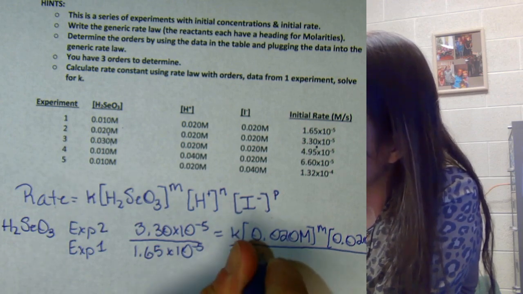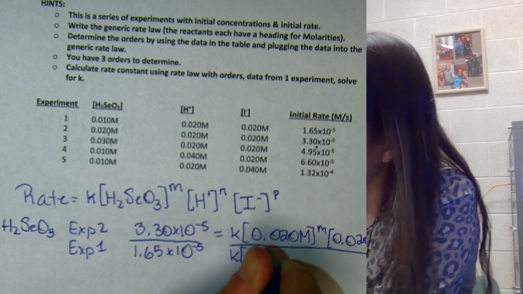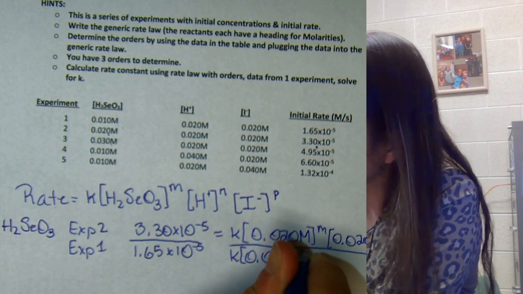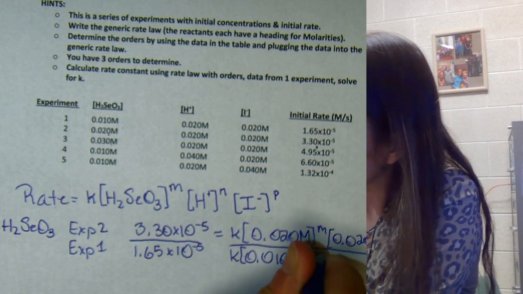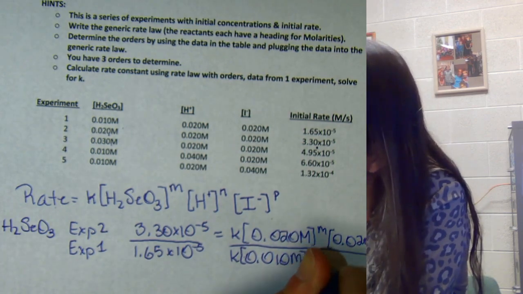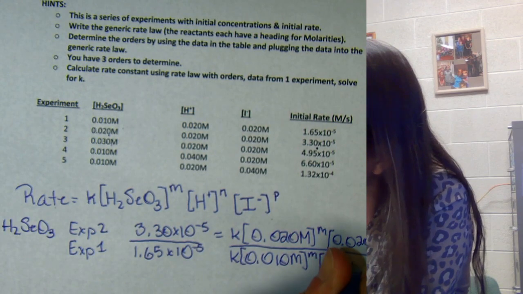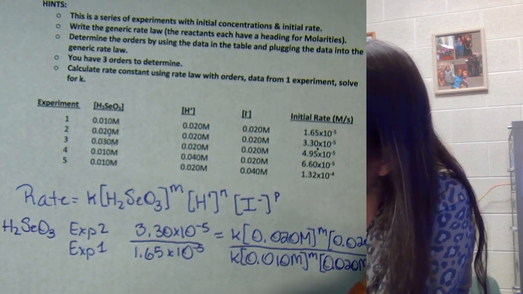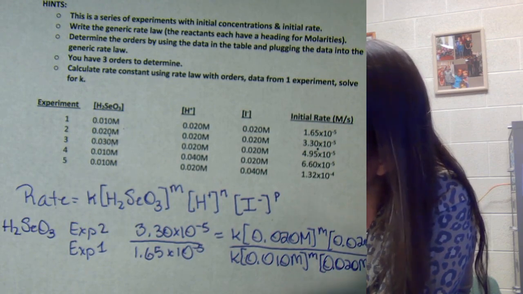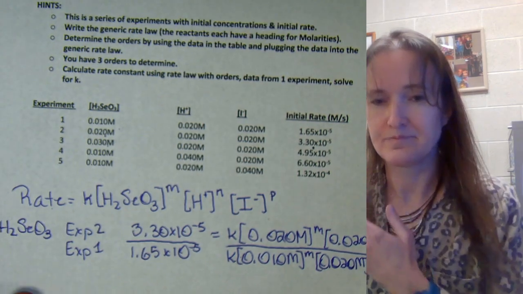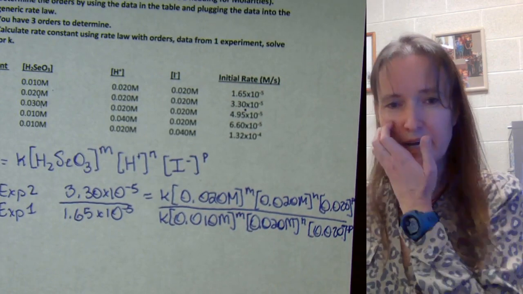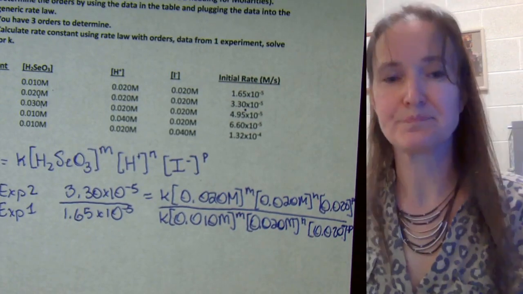And the concentration of H2SeO3 is 0.010 molar to the M. Hydrogen is 0.020 molar to the N, and iodide 0.02 molar to the P. So all my data is plugged into the rate laws.